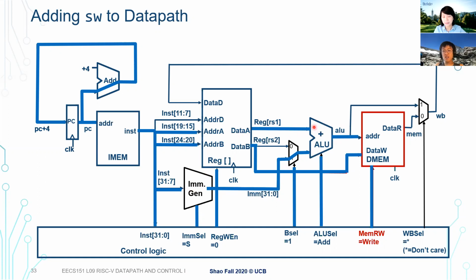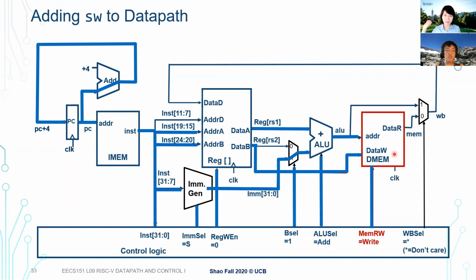In our ALU, we add the base with the immediate so that we have the address to our data memory. The value from the register is the value that we want to write to our data memory. And by specifying that we are doing a write operation, we update our memory.